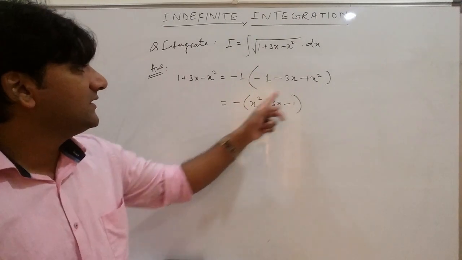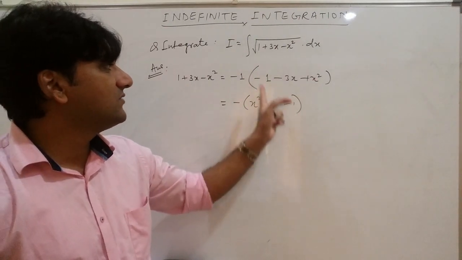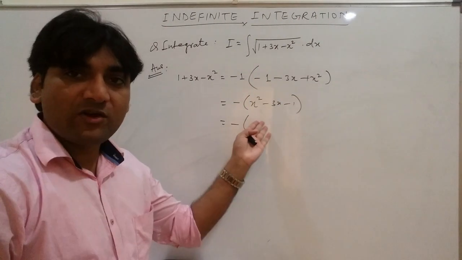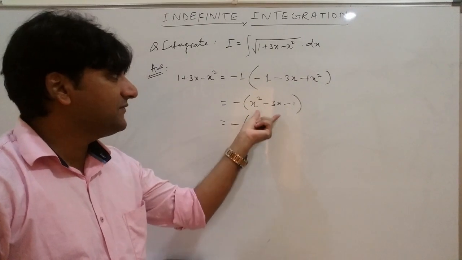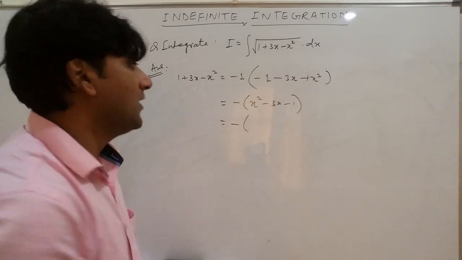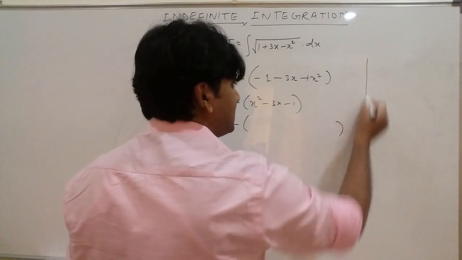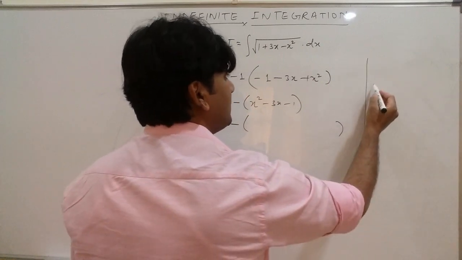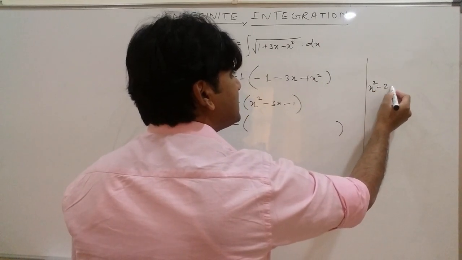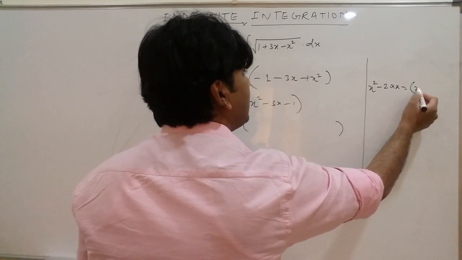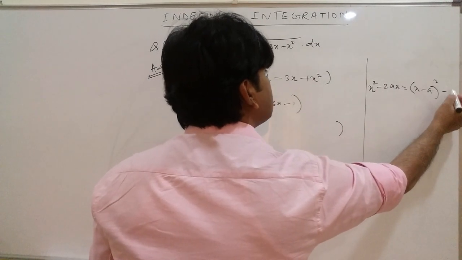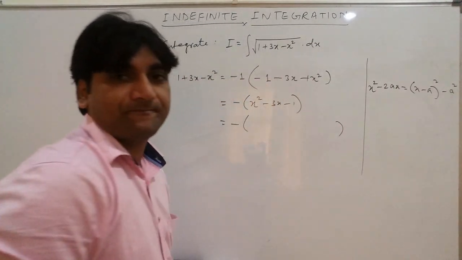This is not a perfect square, right? We have to make this perfect square. How can we do it? Try to understand. Just as I taught you, x square minus 2ax, you can write x minus a whole square minus a square, right?